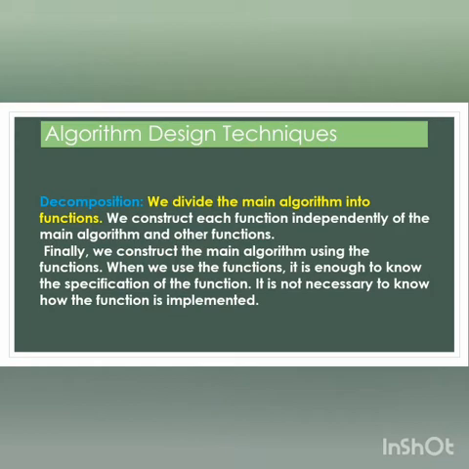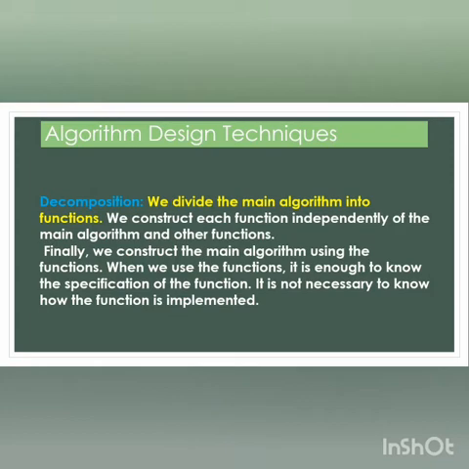For example, if we are creating 4 functions, the 4 functions are independent and they do not have any connectivity with each other, and they do not correlate with the main algorithm. The only thing is, at the end, all of these will be combined to form a single algorithm. For all these 4 functions, we will give separate input and we will get the desired output.